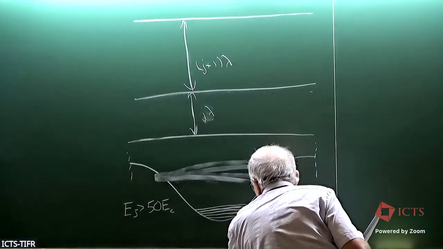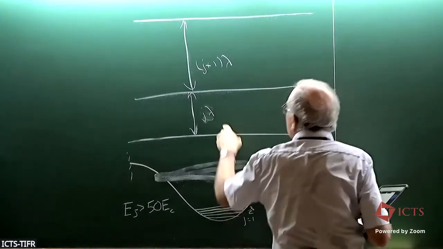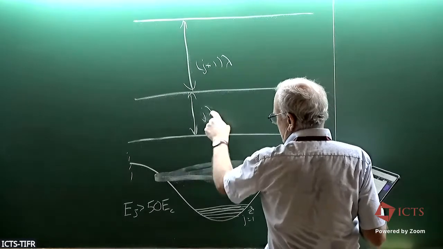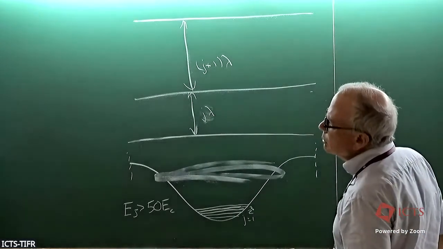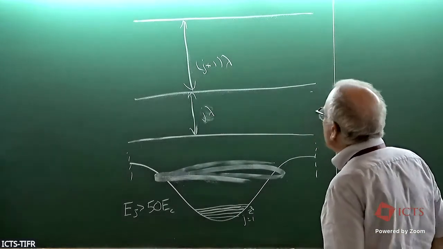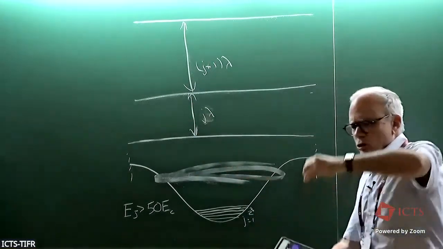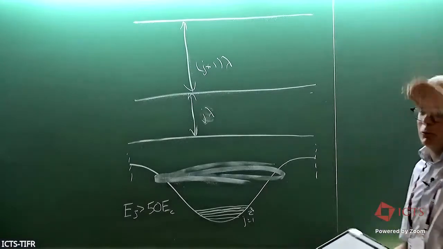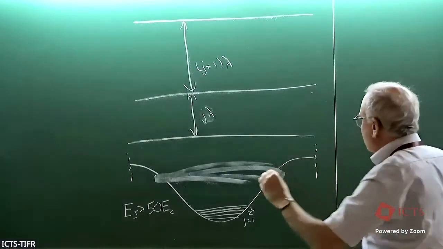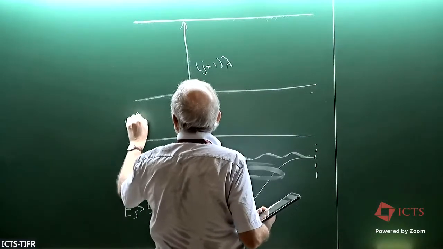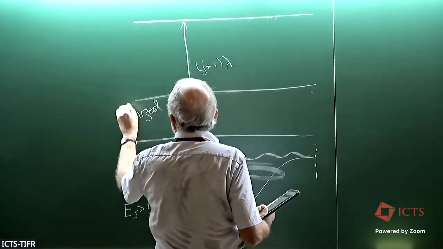J is 1, 2, 3, et cetera. And there's some other energy scale, which I'm not prepared to work out, but which is probably exactly EC. And so eventually the energy level spacing widens out again, but we've never seen that. This, however, is what's called the ionized region of the spectrum.